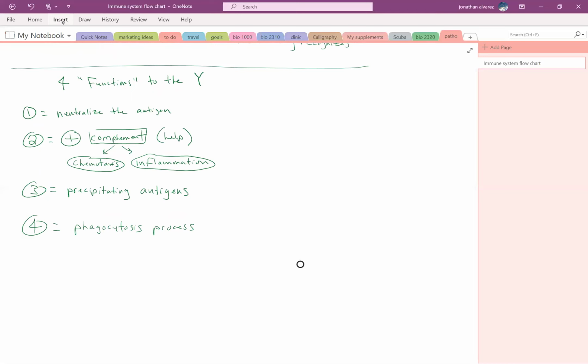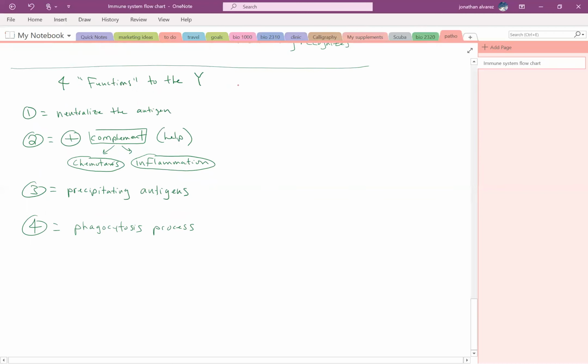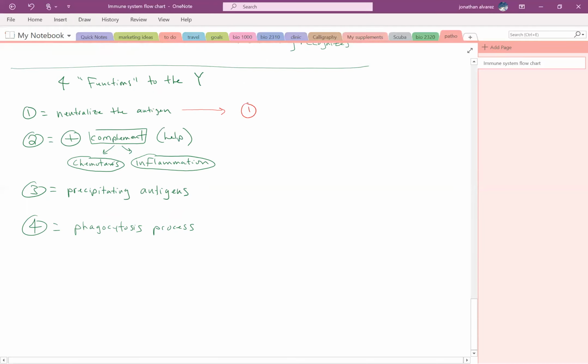So on the right side of this, let's see if we can draw this out. Neutralizing an antigen would look something like this.